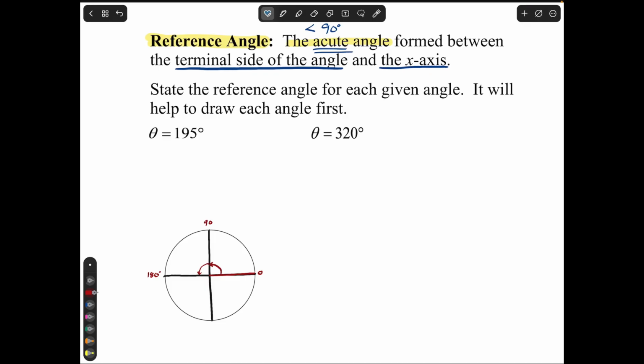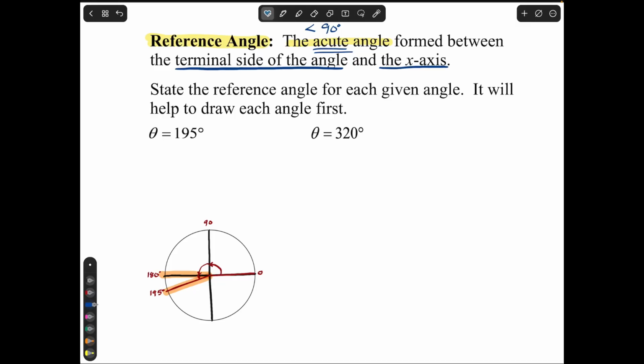This is 195 degrees. Now, when they ask what is the reference angle, what we need to focus on here is that the reference angle is the angle that's formed between the terminal side and the x-axis. So how many degrees are there between our terminal side and the x-axis?